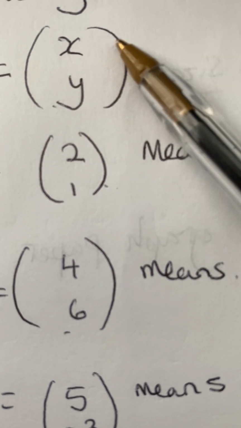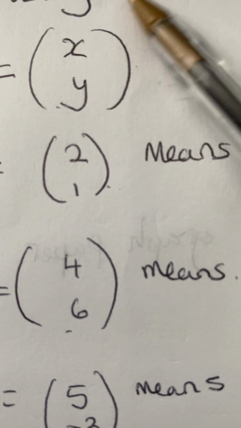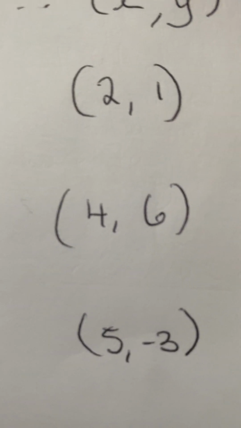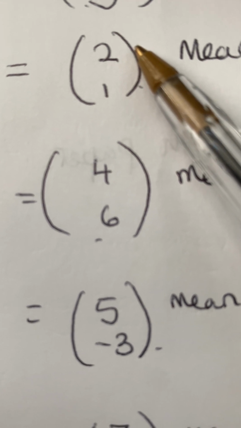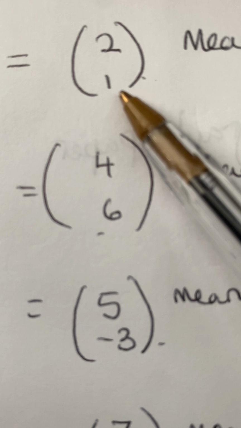Here is an important place. You should be following my notes. So this is in vector form. So (2, 1) will be written as 2 on top, which is your x, and 1 on the bottom.